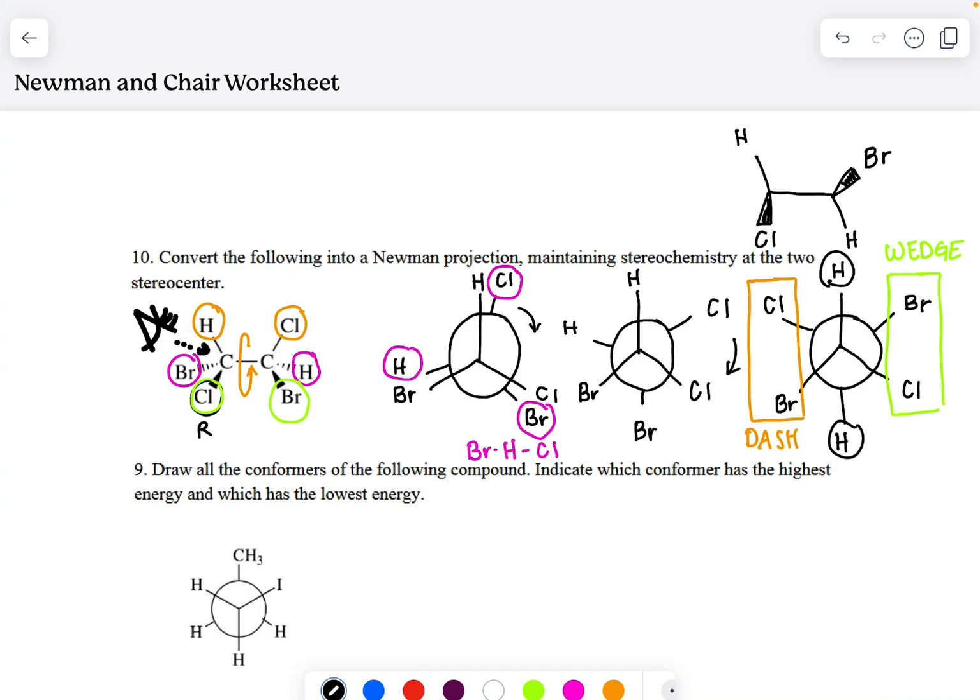And as a dash, I have, in the first carbon, a bromine as a dash. And I'd have my chlorine as a dash.